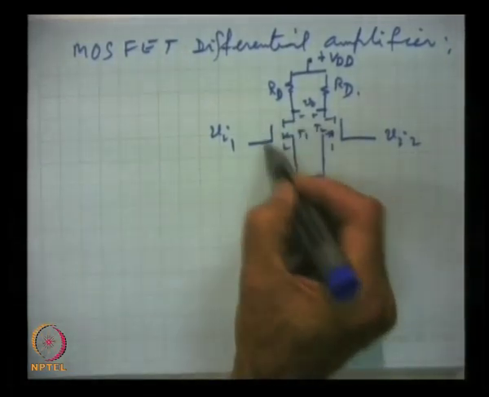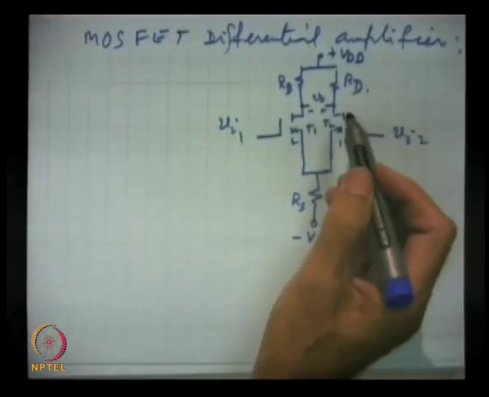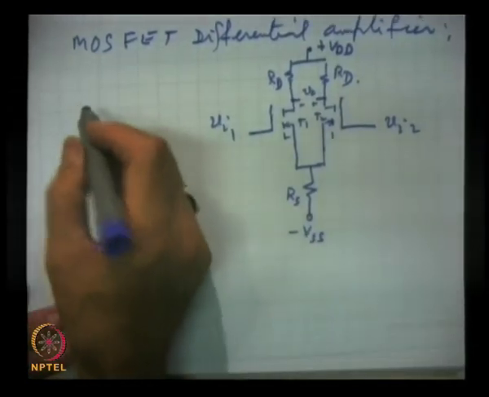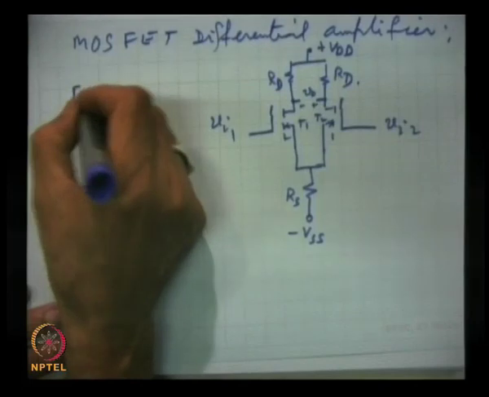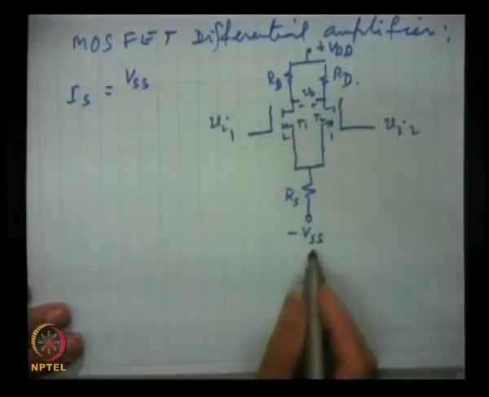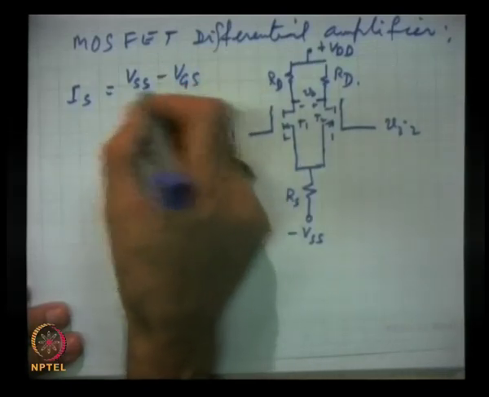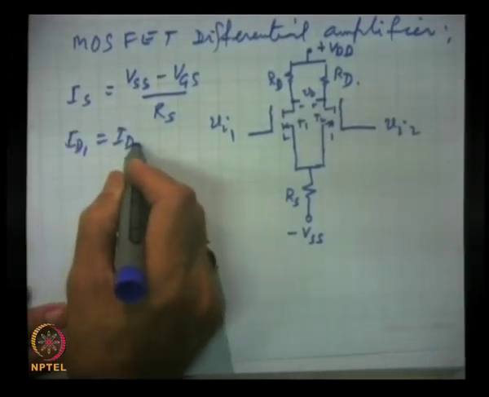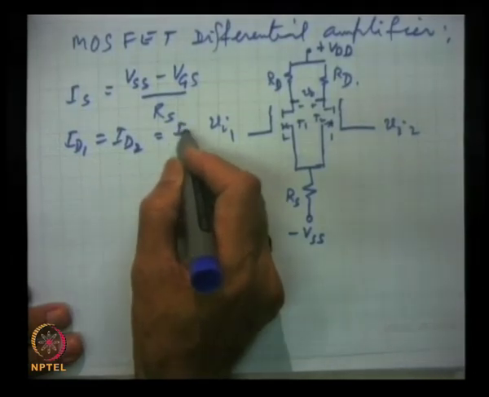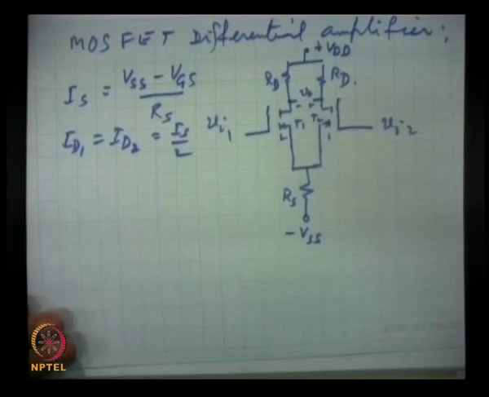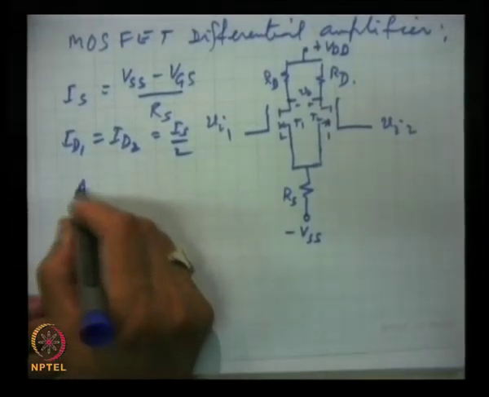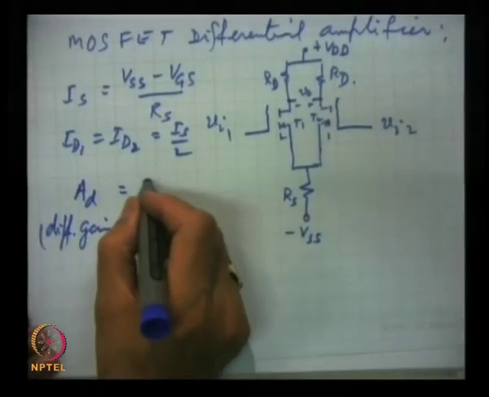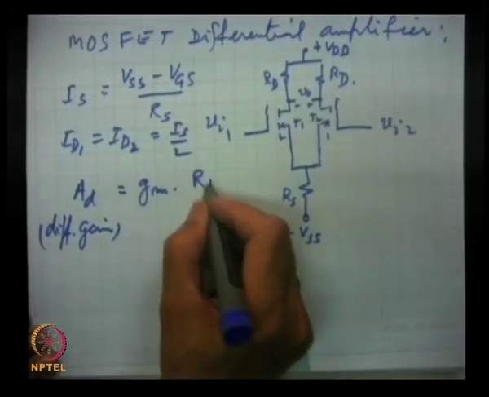This is one MOSFET, this is another MOSFET, and it can be shown actually that the source current IS is VSS, this battery, minus VGS by RS, and drain current in 1 is the same as drain current in 2, and this will be half of IS, so IS by 2, and differential gain in this case will be GM into RD.